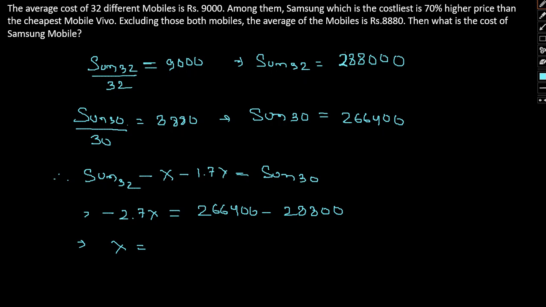Okay. So x will simply be x equal to 8,000. So therefore this is price of Vivo.